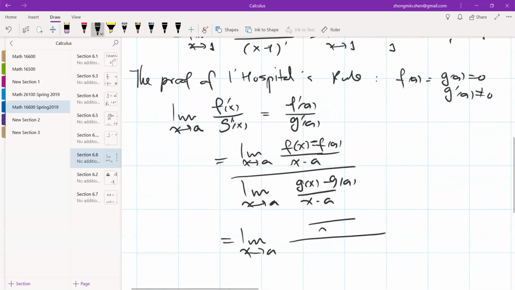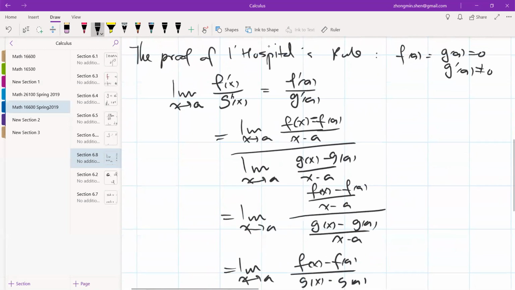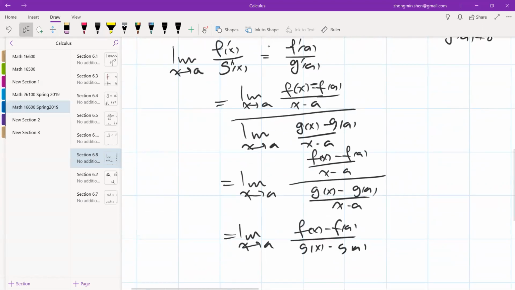So here's g of x minus g of a divided by x minus a. You simplify this quotient, x minus a will be gone. So you have f of x minus f of a over g of x minus g of a. And then again, since we already assumed that f of a and g of a are 0, this is 0, this is 0. So you can simply get this.